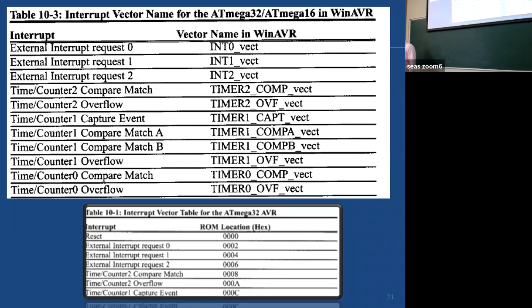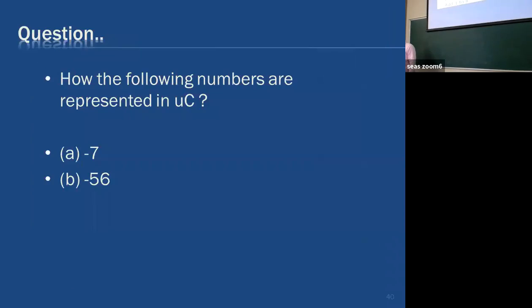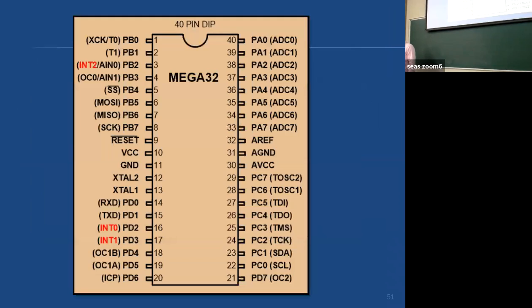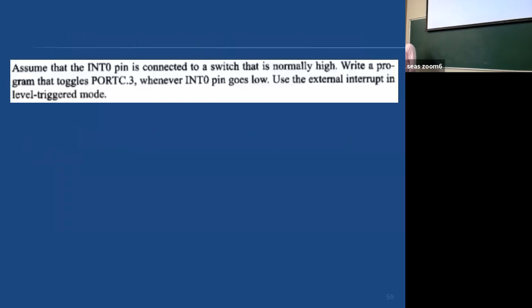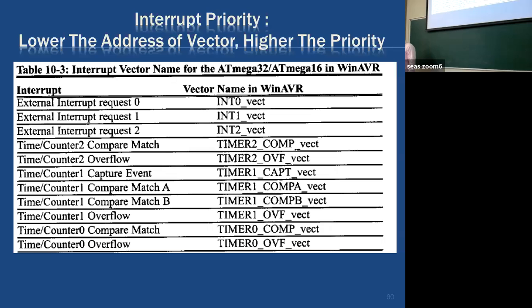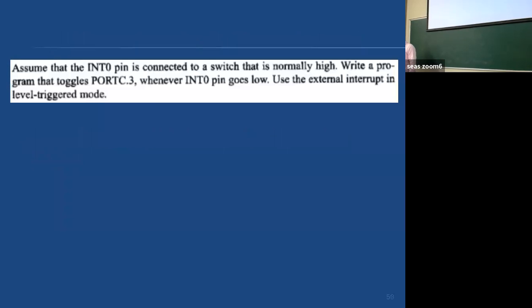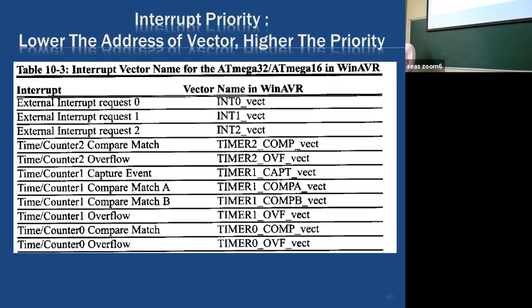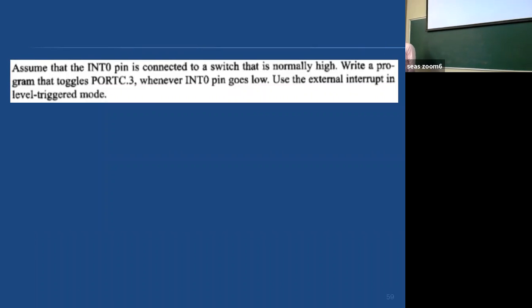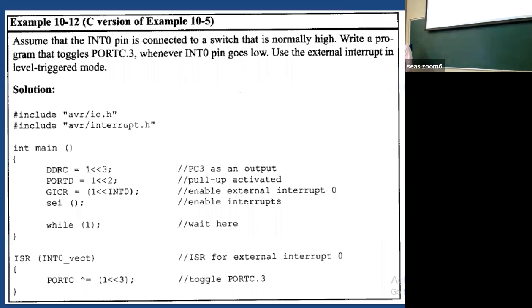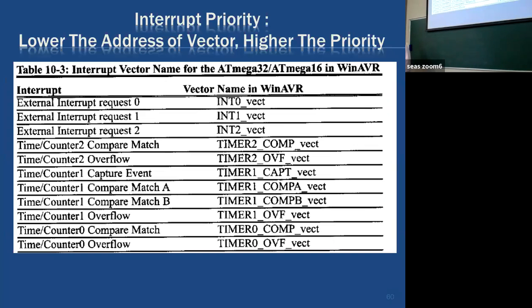So let me fast forward now. Oops, we have fast forwarded too much. Do we have the answer? It was right here. Everyone online, do we have one answer at least? This is the vector table.